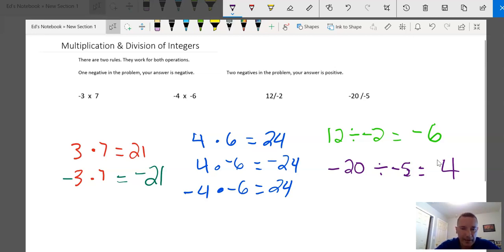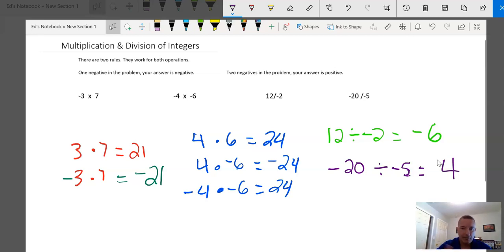When we're multiplying, if there's an odd number of negatives, if there's one negative in the problem, which we already practiced, your answer is negative. But if there's 3 negative numbers in the problem, if there's 5 negative numbers or 7 negative numbers, there's an odd number of negative numbers in the problem, your answer is going to be negative.